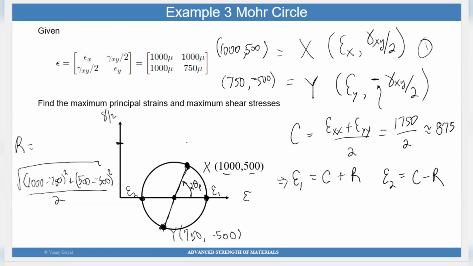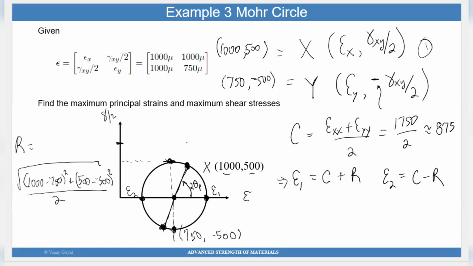Now, where does the max shear strain occur? The max shear strain occurs along a dashed line that you draw here, and is going to occur here and here.